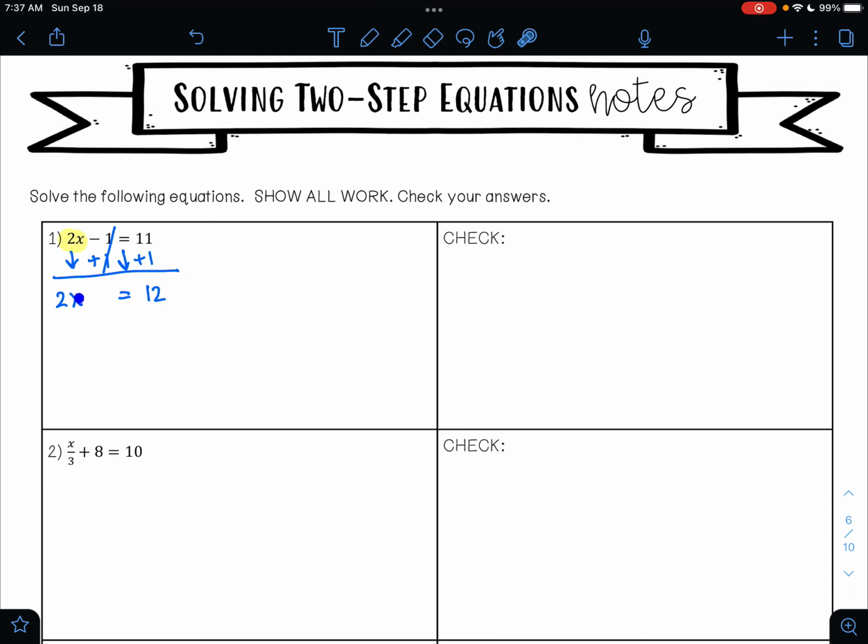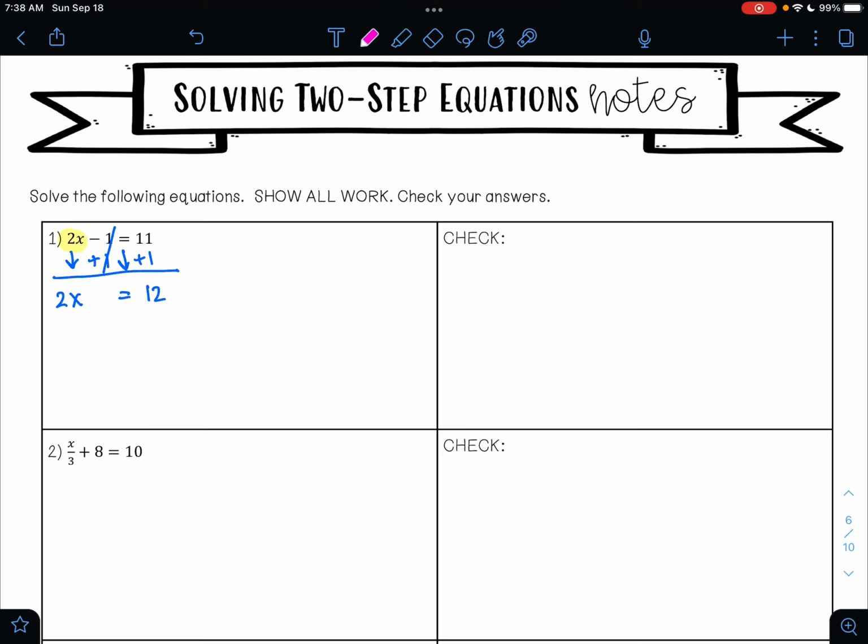Our goal is to get x by itself, and right now, x has a 2 with it. What operation is happening to x? Multiplication. Whenever you have a number with a letter together, that means that you're multiplying that number or coefficient by the variable. How do we undo multiplication?